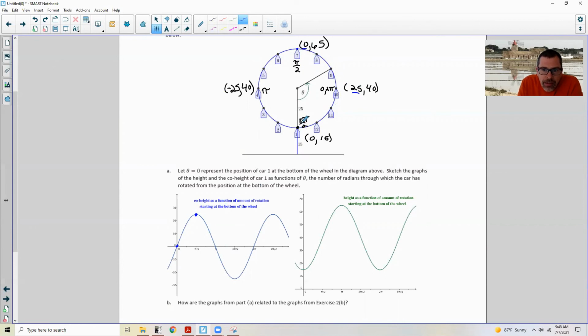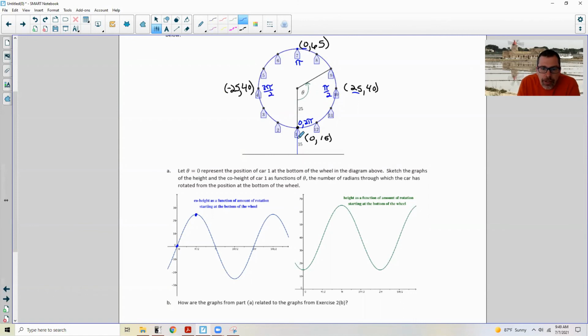But that's a distance. Now we need to relabel these. So let me change these, because we're not starting over here where we were. We're now starting down here. So this is 0, or 2 pi. This will be pi over 2. This is pi, and this is 3 pi over 2.